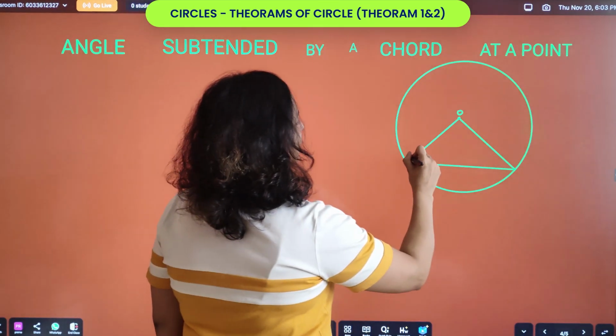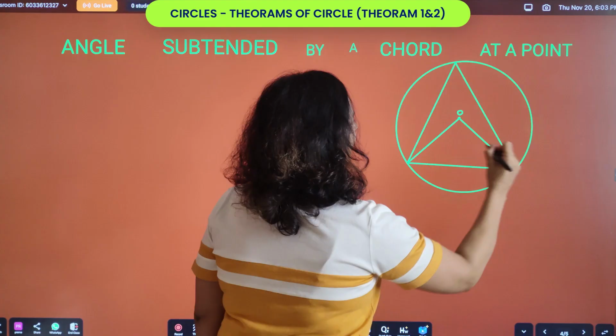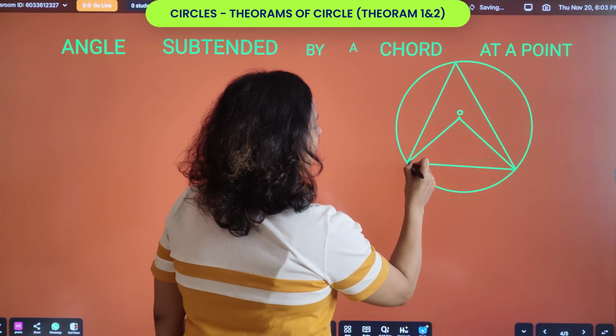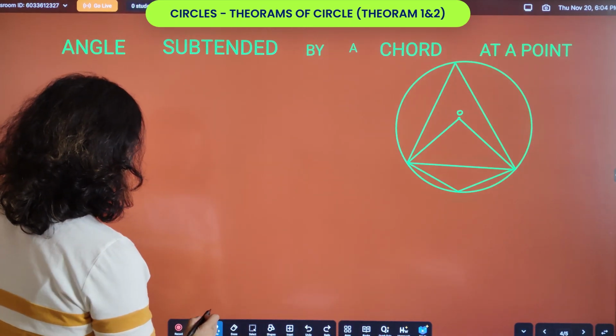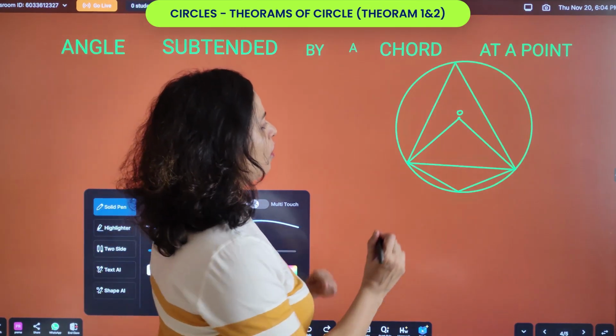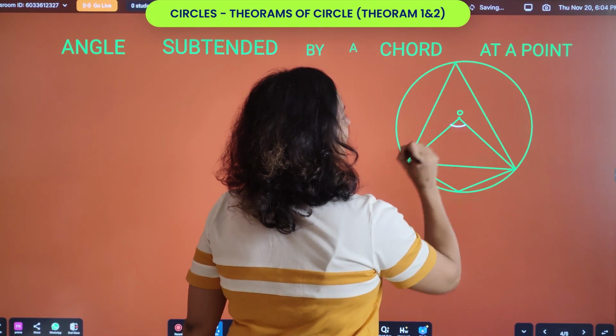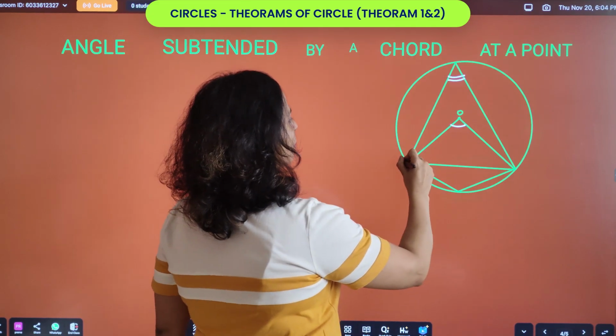This chord can subtend one more angle here, and the chord can subtend one more angle even here also. Here the chord is subtending the angle with the center O. It is also subtending the angle here.